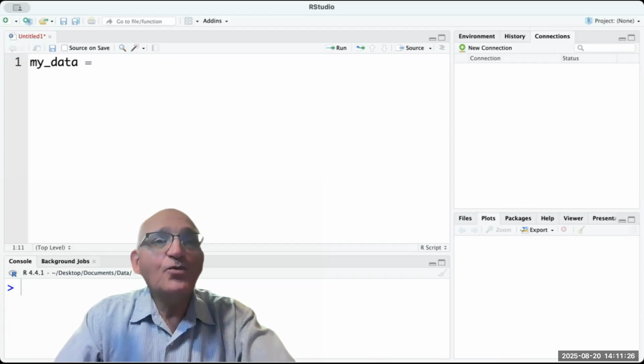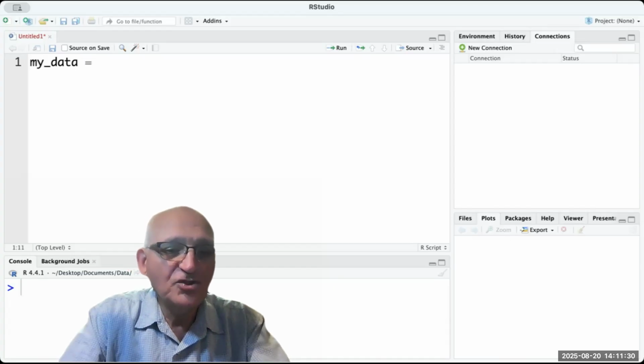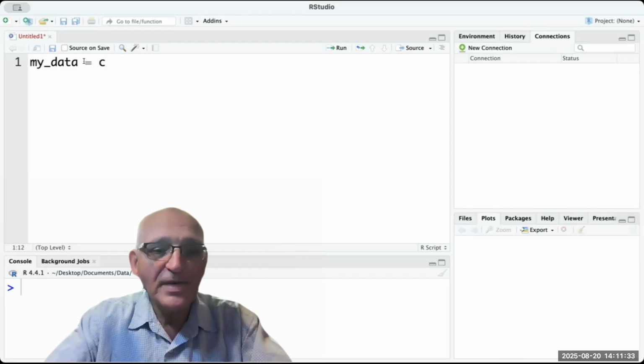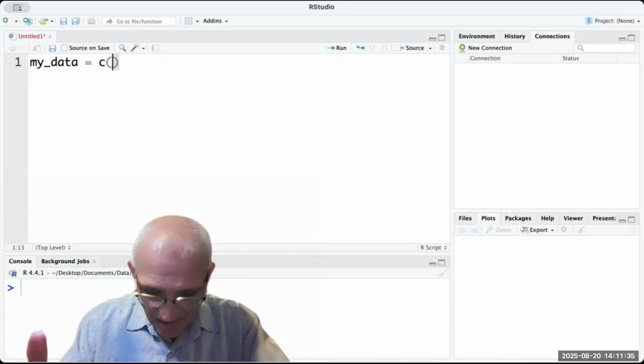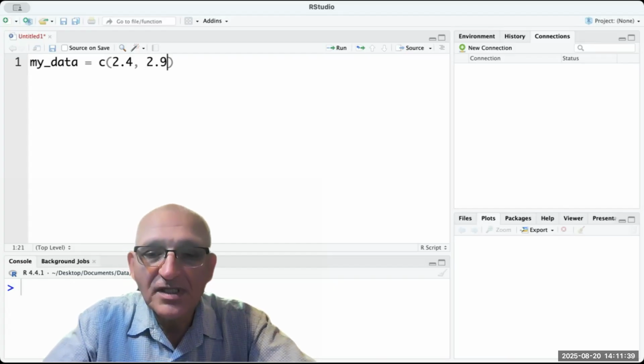Equals. And then the way we construct a vector, the easiest way is to use the letter c for combine the following numbers. I have 2.4, the first specimen. The second is 2.9.